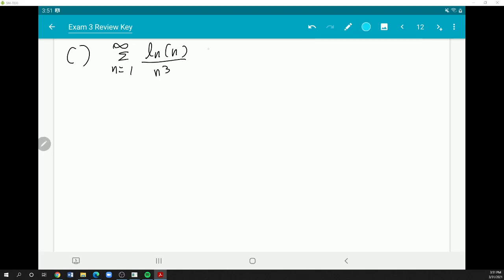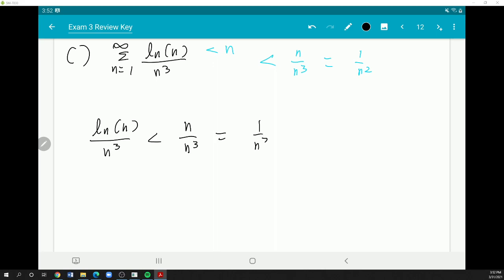Generally what you want to think is that natural log of n is less than n. So the natural log of n over n cubed is less than n over n cubed, which is equal to 1 over n squared.